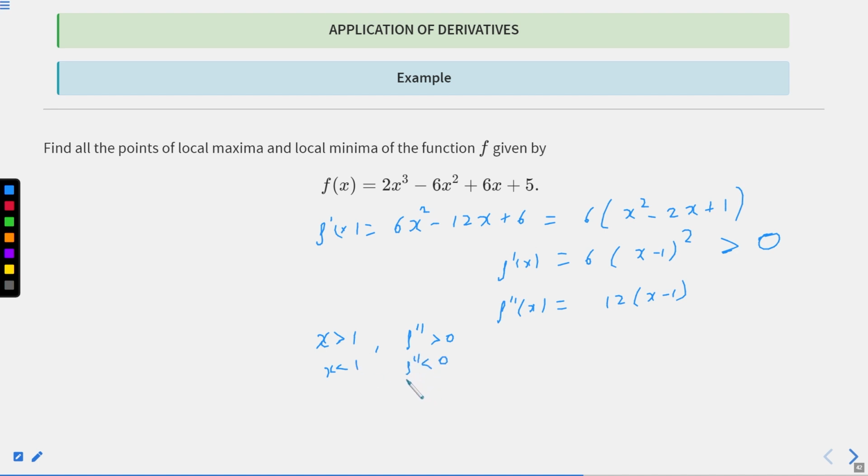Then if you try to see, this is a point of inflection. I hope it is clear to you. Okay, let us move next.